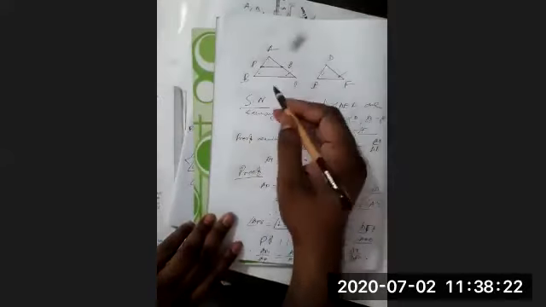Similarly, if from BA we cut a length equal to ED, and from BC we cut EF, we can show that BA by ED equals BC by EF.